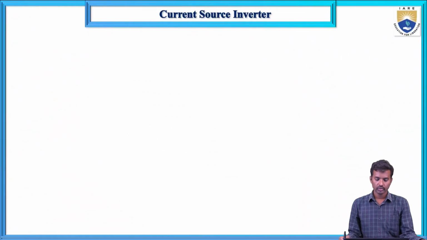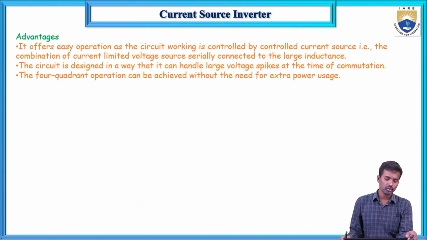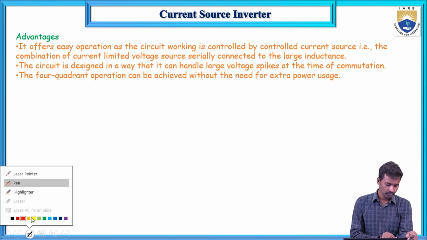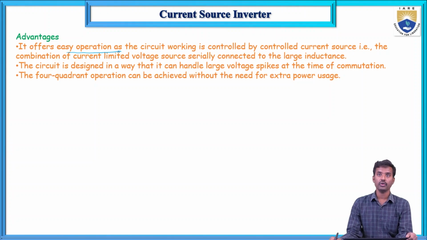Now what are the advantages of current source inverter? Current source inverter offers easy operation as the circuit working is controlled by current source, that is, a combination of current-limited voltage source serially connected to a large inductance.